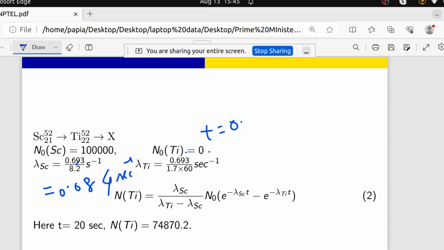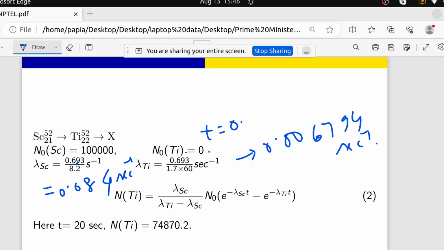Lambda of Ti also has 1.7 minute, so that's why we have changed that into second. 0.693 divided by 1.7 into 60. This is 0.006794 second inverse.